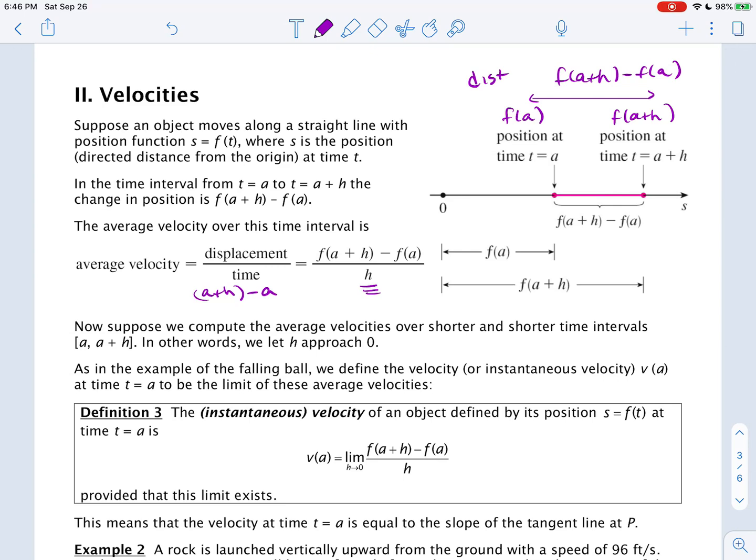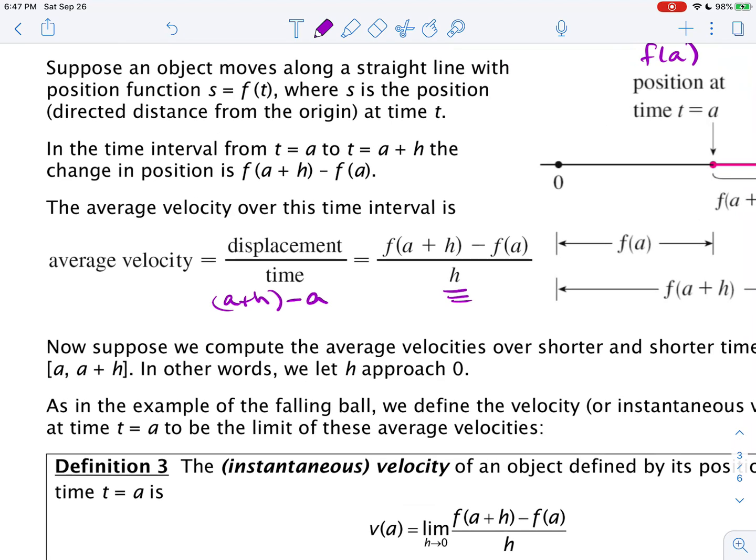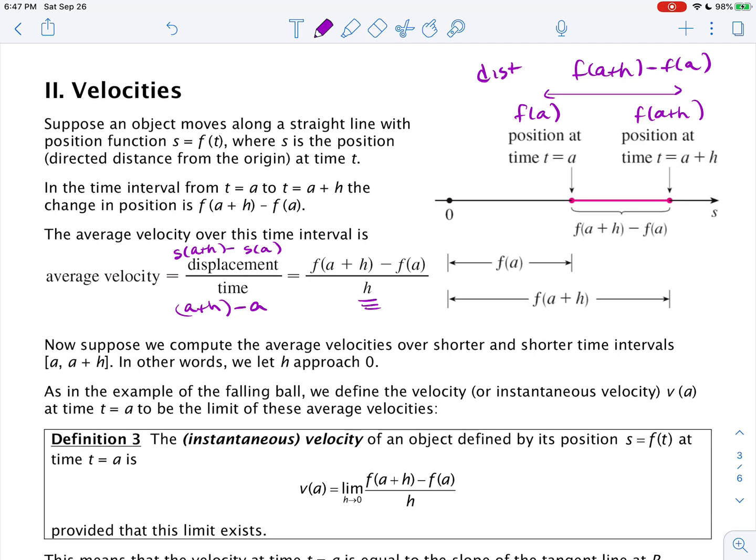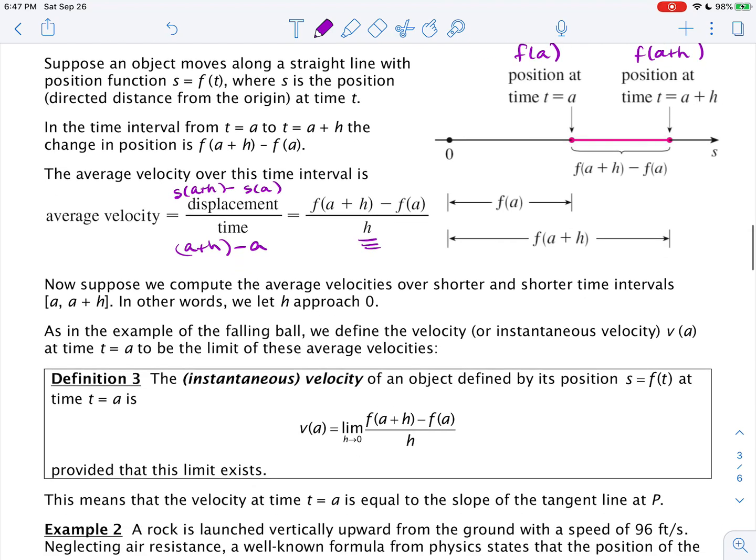And our average velocity is going to be displacement over time. So that would be s of a plus h minus s of a. That is displacement, and that is just where you are relative to the origin. It's not necessarily total distance traveled. It is average velocity, so that is our displacement over time.